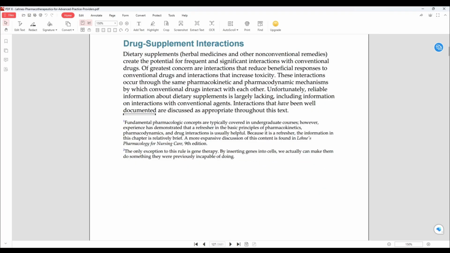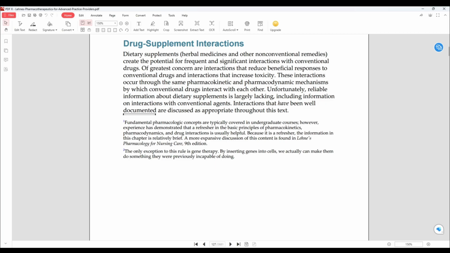Drug-supplement interactions. Dietary supplements create the potential for frequent and significant interactions with conventional drugs. Of greatest concern are interactions that reduce beneficial responses to conventional drugs and interactions that increase toxicity.